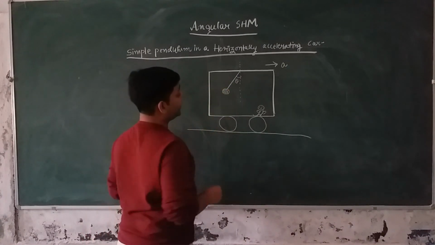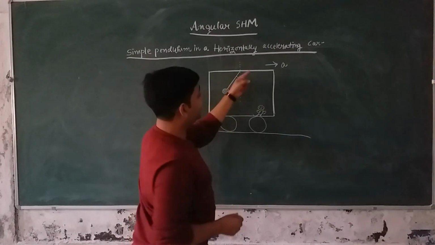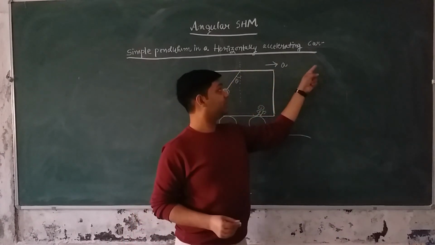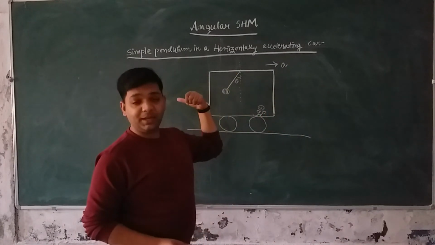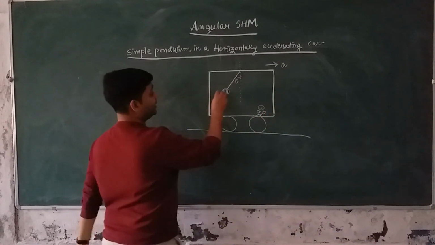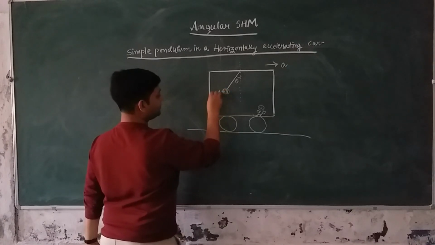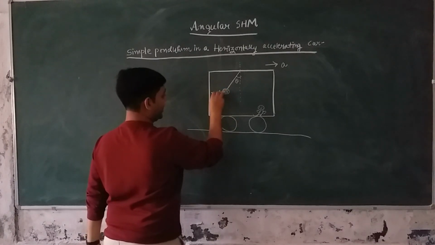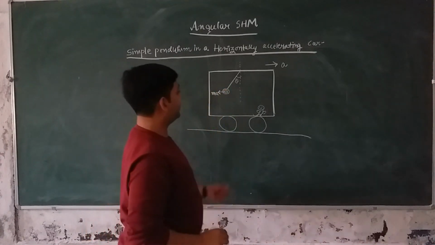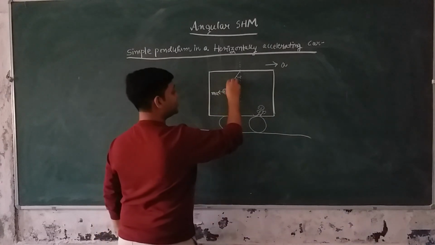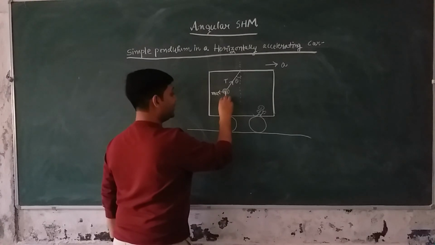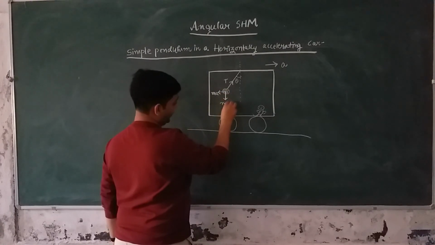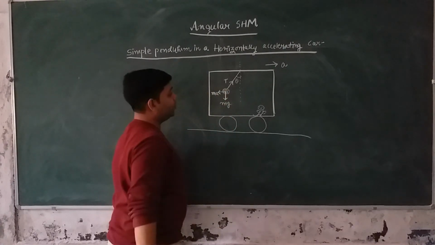So if the mass of the ball is m and the system is accelerating towards right with acceleration a, pseudo force equal to ma will act in the backward direction like this. So this is ma, pseudo force, and there will be a tension in the string. So this is tension, and there will be a gravitational force mg acting in the downward direction.